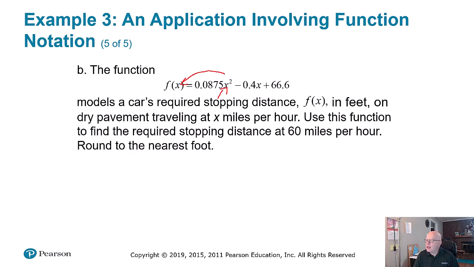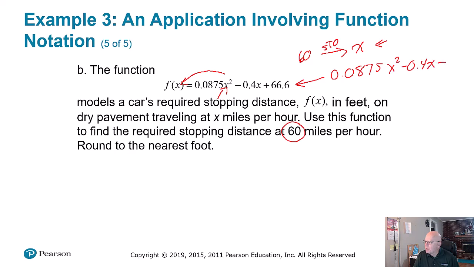One way you can do that with your graphing calculator is you can take, for example, the 60, store it in the x in your calculator, and then type in this function right here, the 0.0875x squared, using this x in the calculator, minus 0.4, same x, plus 66.6, and you can get your estimate.